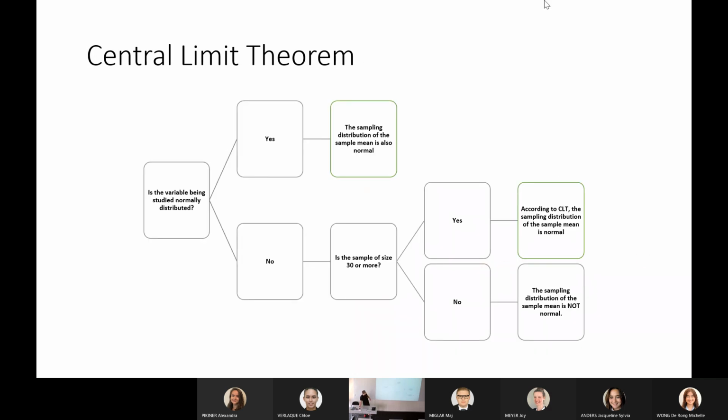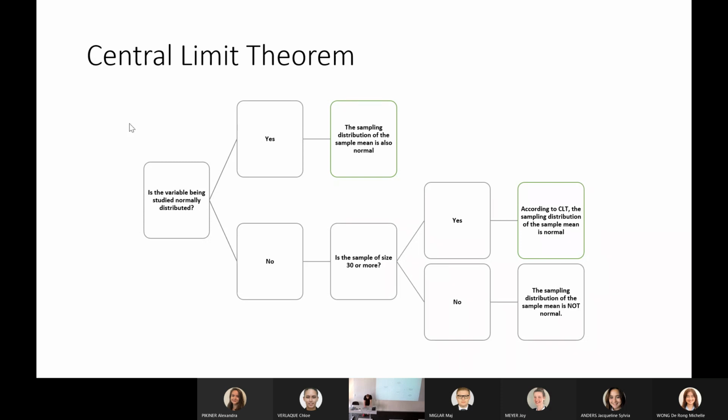Then we have the central limit theorem, CLT, which tells us if we can use distribution models that we know when speaking about confidence intervals or hypothesis testing. First we have to ask ourselves if the variable is normally distributed.